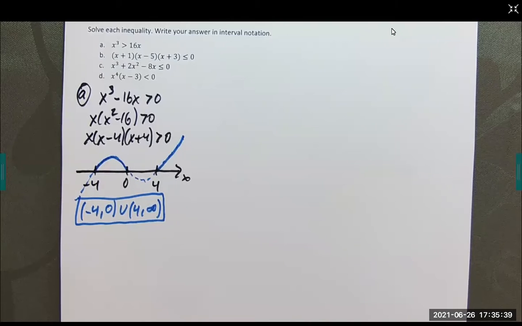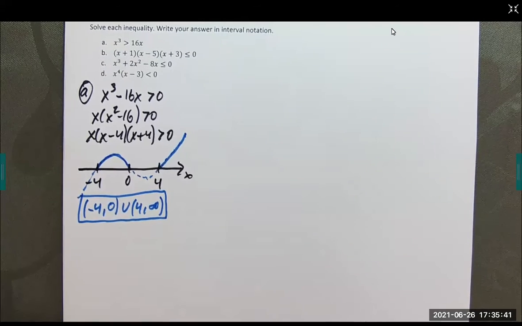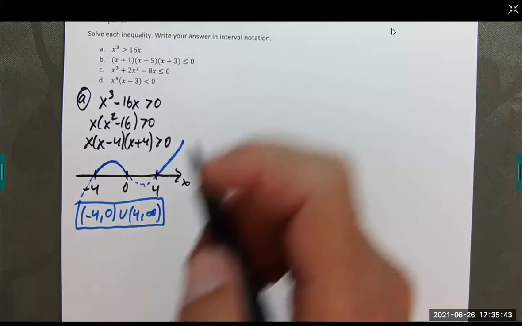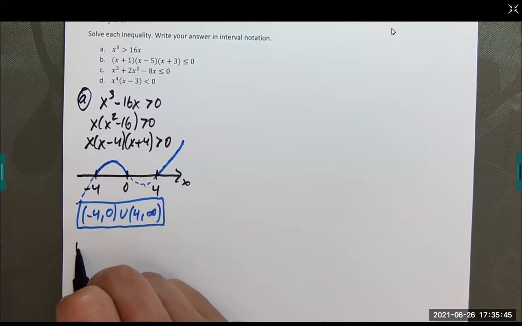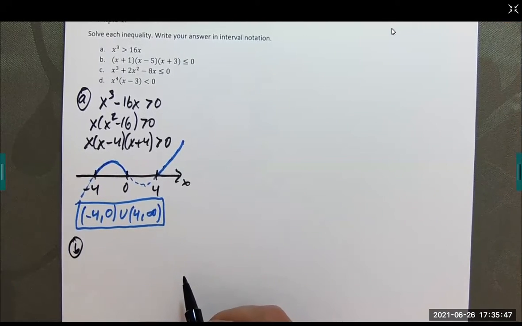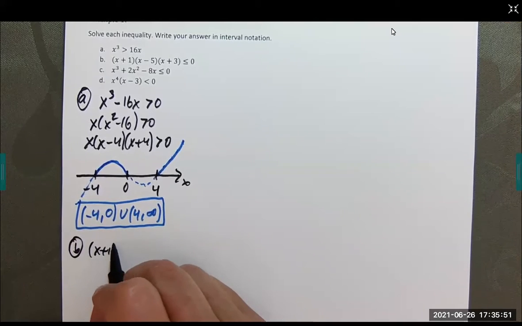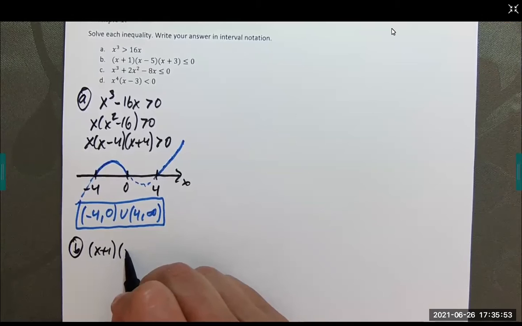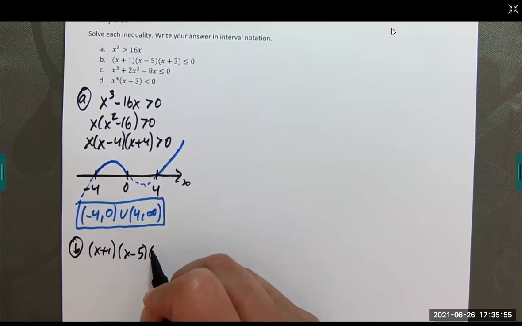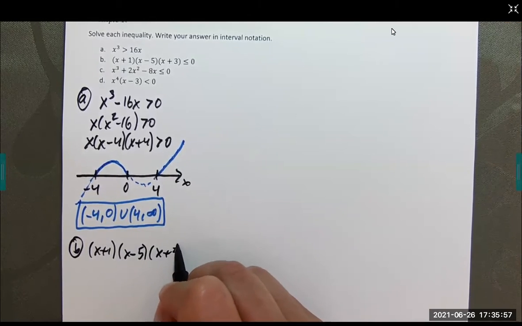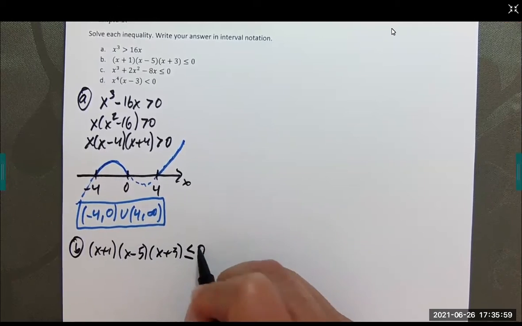All right, part B. Go down here, B. And everything's nicely factored for me already. Here we want to know when it's less than or equal to 0.